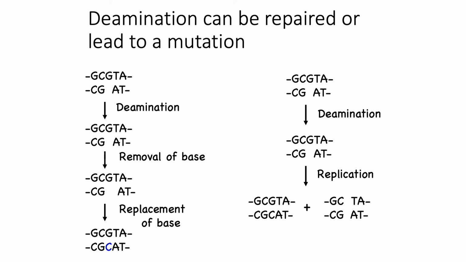So now the polymerase does not know how to correct this. And so you can get a mutation there.